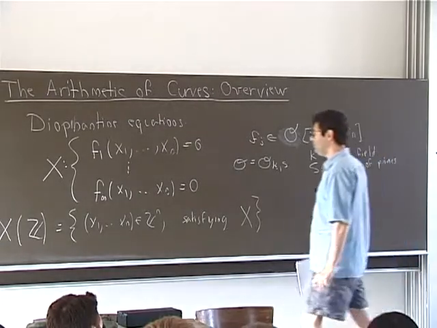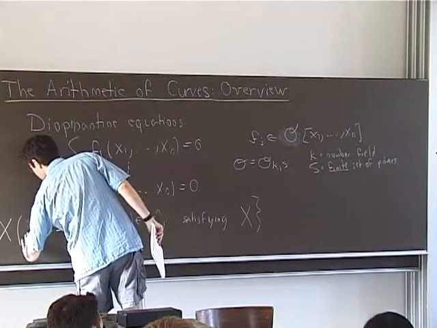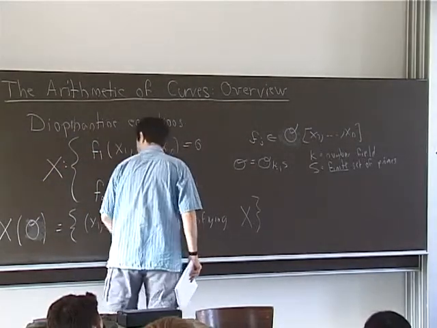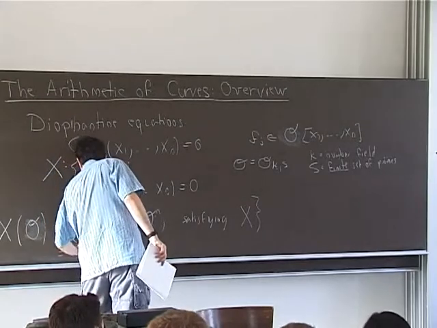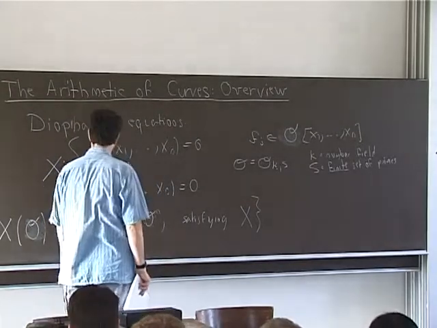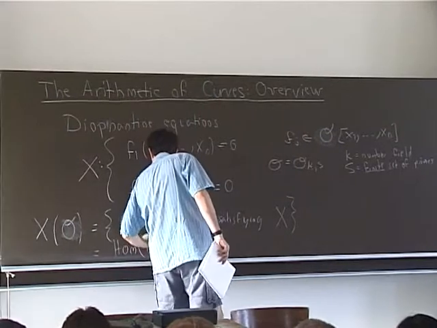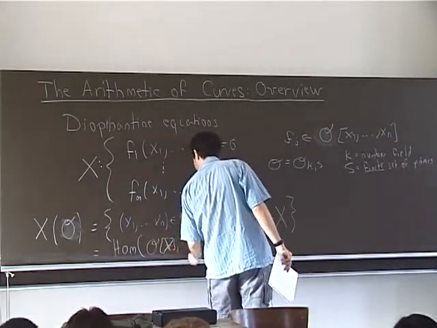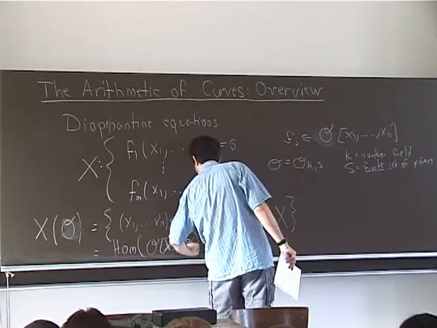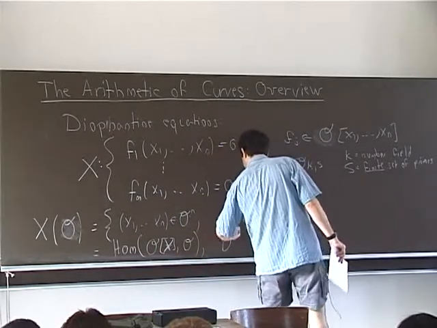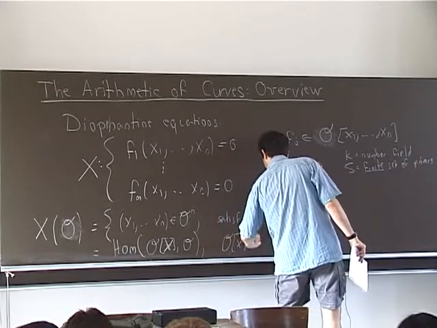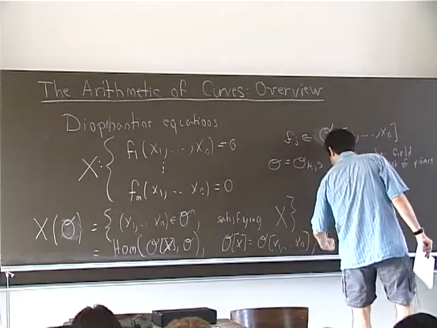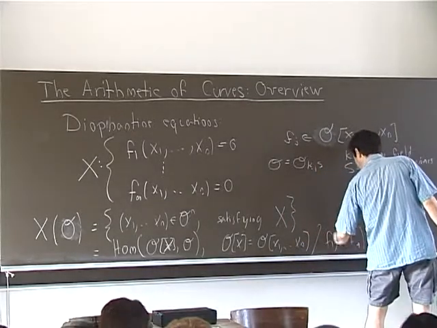Okay, and so we want to study now maybe this kind of solutions, which we can interpret as the set of ring homomorphisms from the ring of functions O(X) into the ring O, where O(X) is the coordinate ring O[x_1, ..., x_n] modulo the ideal generated by f_1 up to f_n.